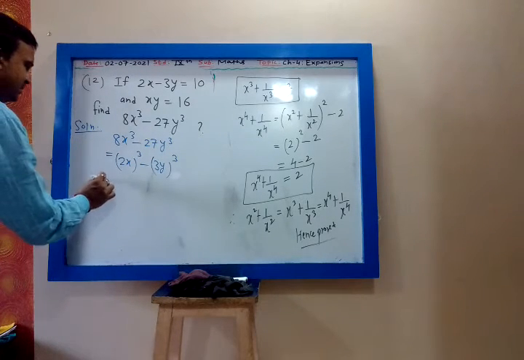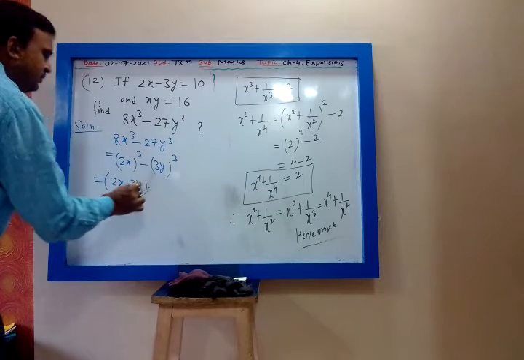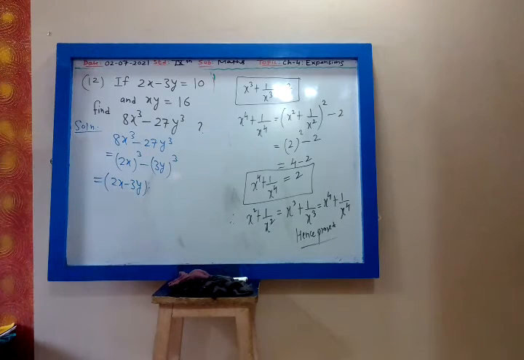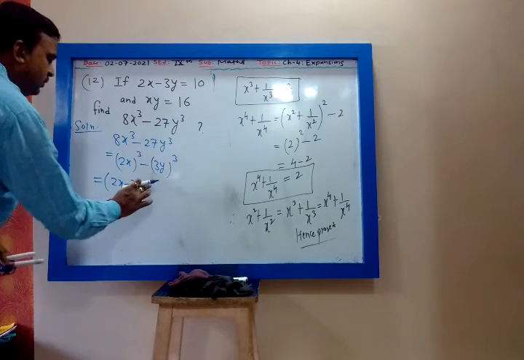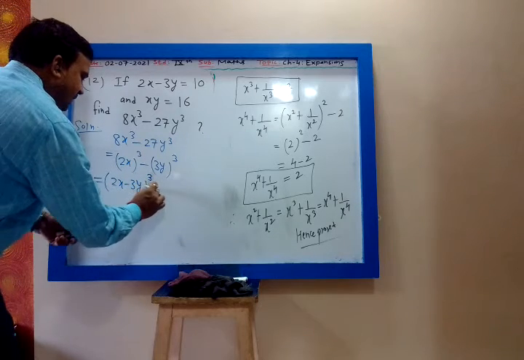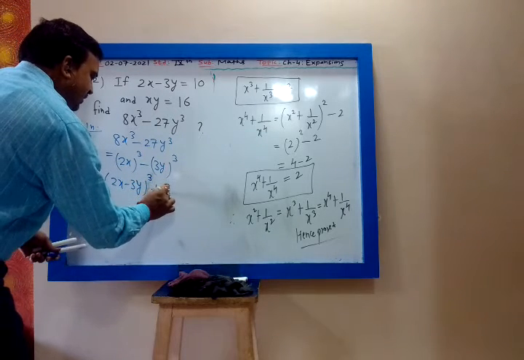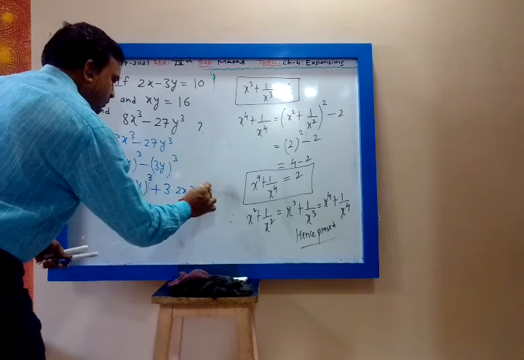What is that? A minus b. So a cube minus b cube is a minus b whole cube, plus 3ab, that is 3 into 2x into 3y into 2x minus 3y.